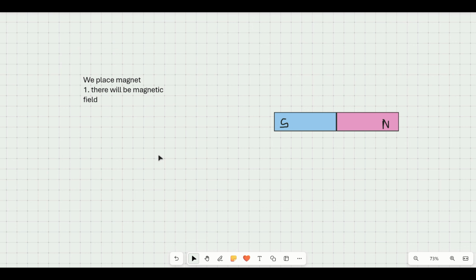So a question comes, what is a magnetic field? The magnetic field is just a field around the bar magnet in which all the magnetic field lines are present. This is the simplest definition that I can go with.